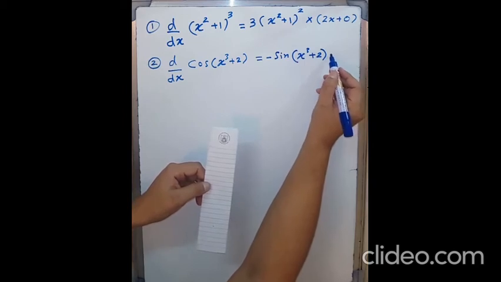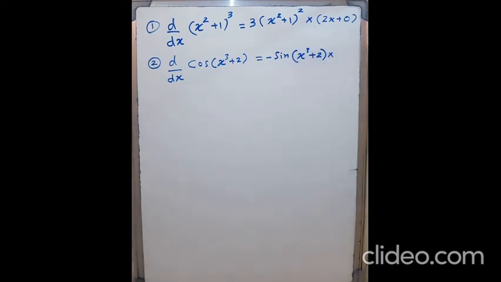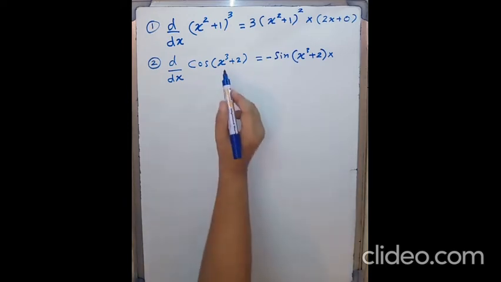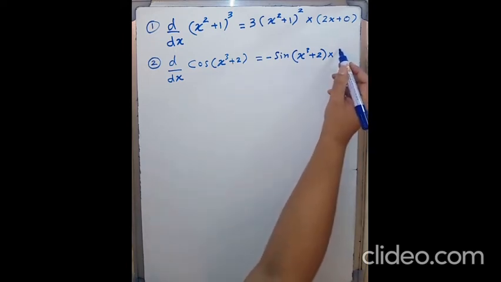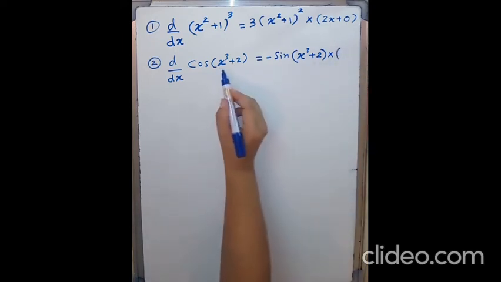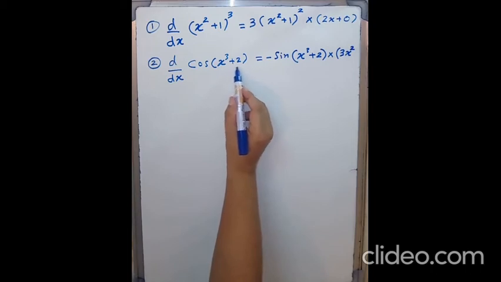Chain rule says now we have to multiply it by the derivative of t. The derivative of x cube plus 2 will be, derivative of x cube will be 3x square plus derivative of 2 will be 0.